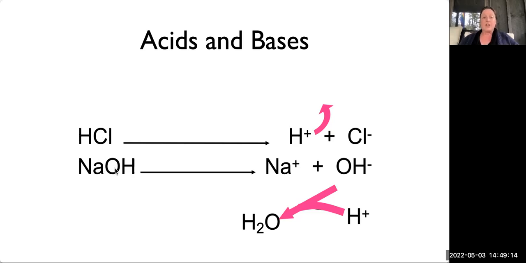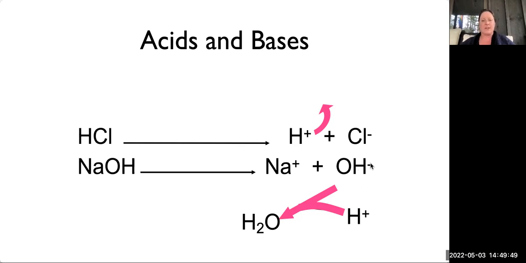Bases, on the other hand, are proton acceptors. This is a very strong base called sodium hydroxide. And when we put it in water, water does the same thing. It separates the ions. We have a sodium ion and a hydroxide ion. So we didn't get any more protons, so it's definitely not an acid, but we don't see any accepting going on here either, until this hydroxide ion combines with a free proton in solution, right? Because there's always free protons in solution.